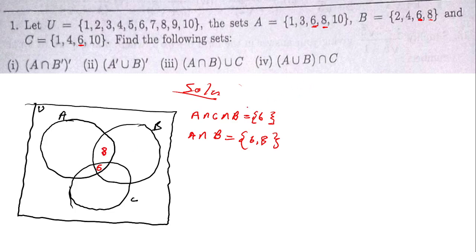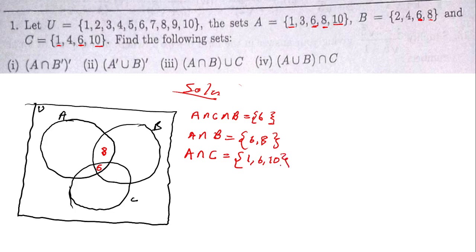Then I'll look for A intersection C. I'll compare set C and set A. From here I can see 10, I can also see 10 there. I can also see a 1, I can also see a 1 there. That simply means that I have 1, 6 and 10.